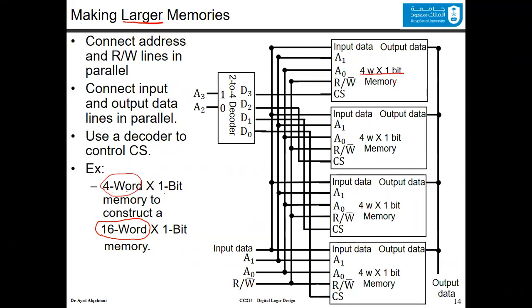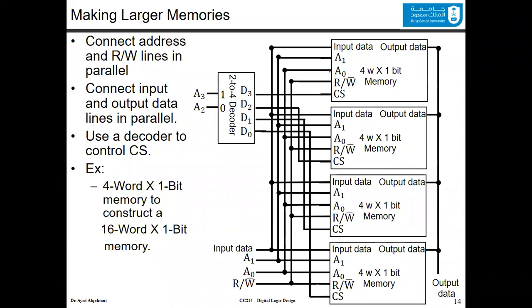So we have this memory and we repeat it 4 times. Now we need to figure out how to connect them together. Since we have only one output data that is valid from those 4 different memories, we will connect them together to generate a single output. That output would be 1 bit in this case.